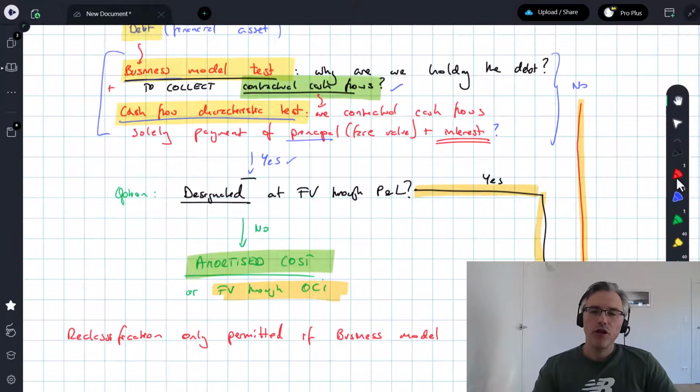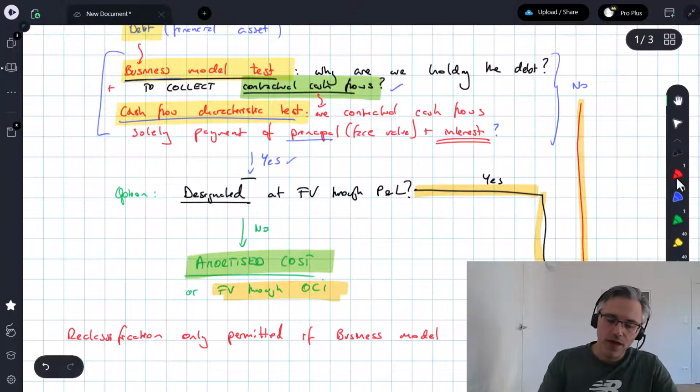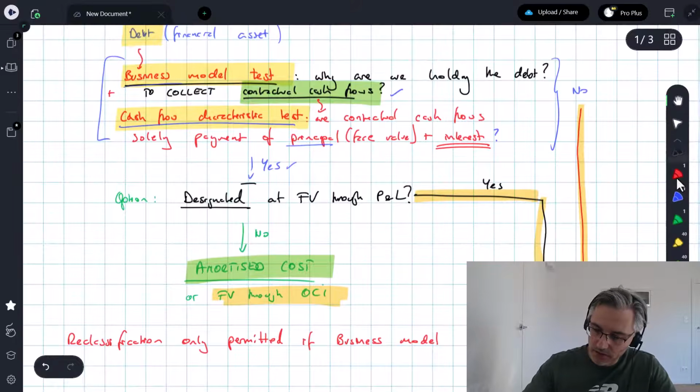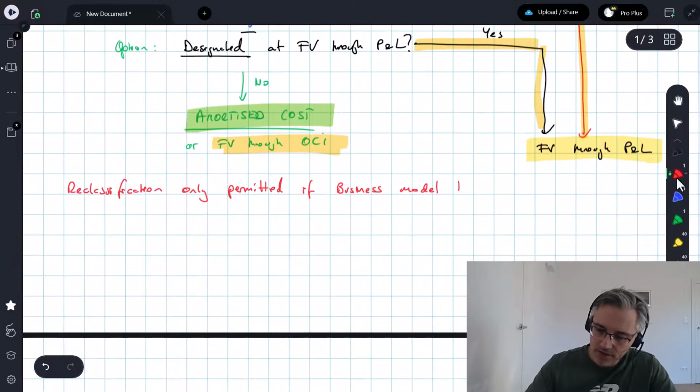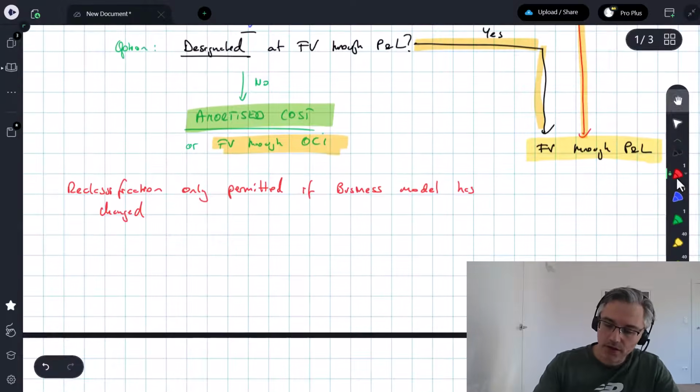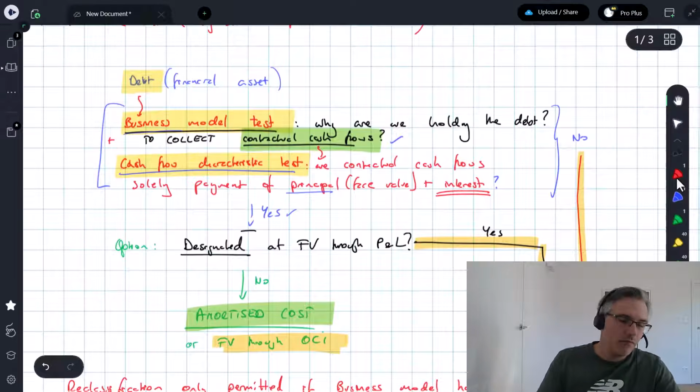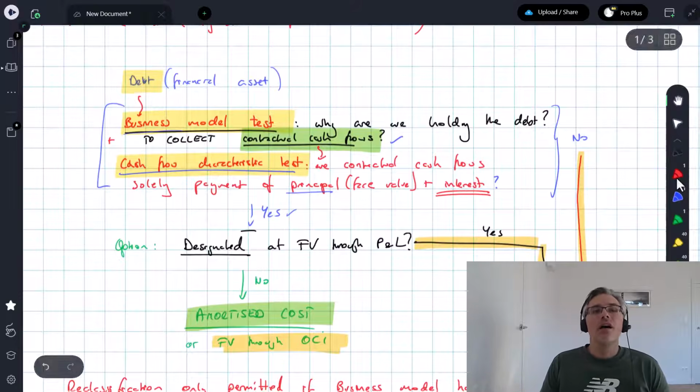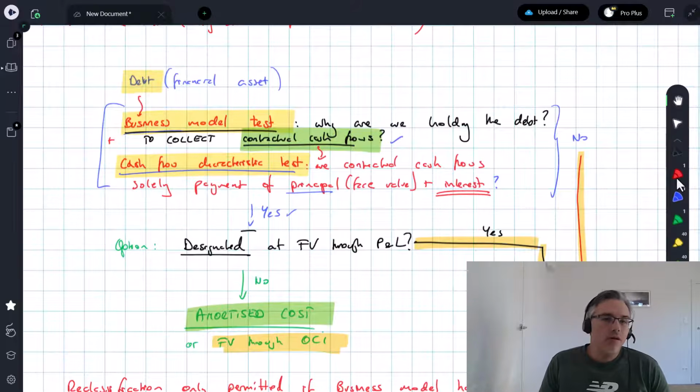So if business model, let me just finish the sentence, has changed, then you can do a reclassification. For example, you initially were intending to hold that portfolio of securities to collect contractual cash flows, but you now have decided that it's a better idea to start trading these things.